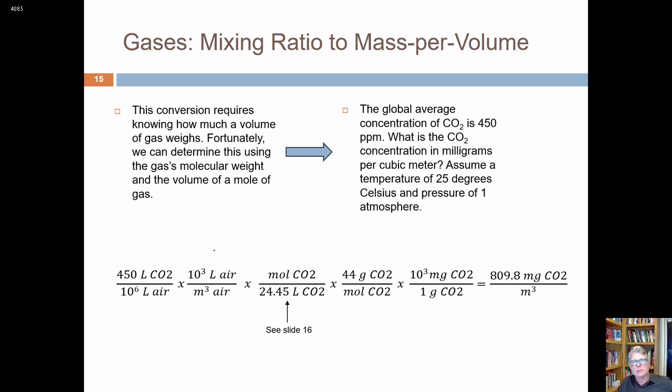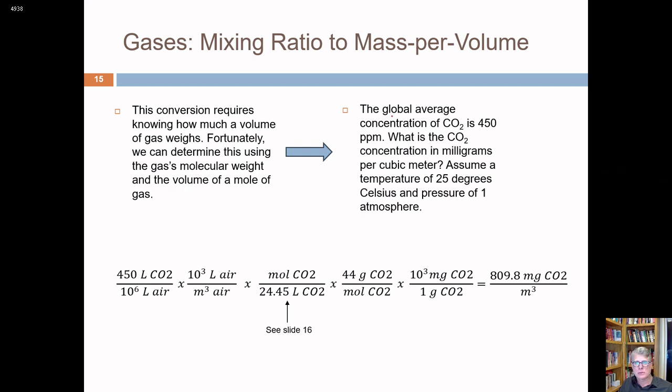All right, so let's do a dimensional analysis example with mixing ratios for gases. Here's the challenge. We want to go from a mixing ratio for a gas to a mass per volume concentration of that same gas. So let's use CO2. Here's the information we're given.